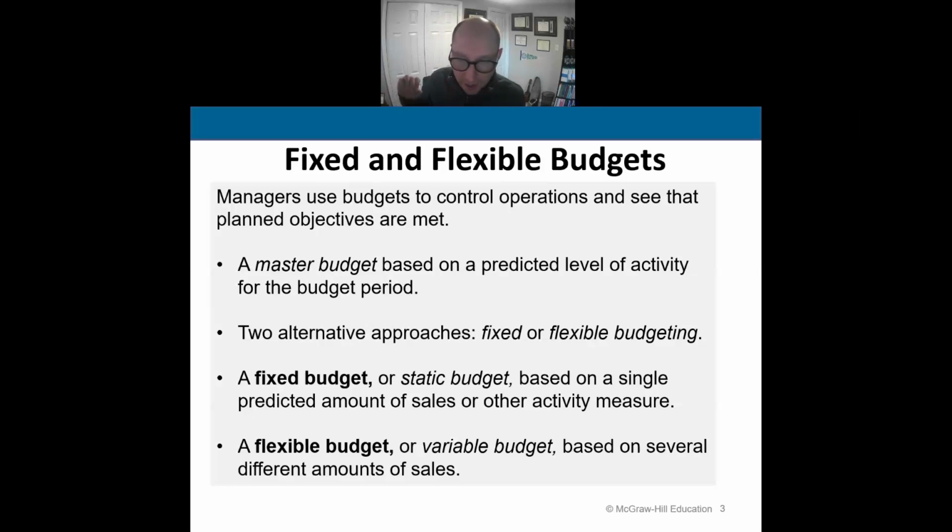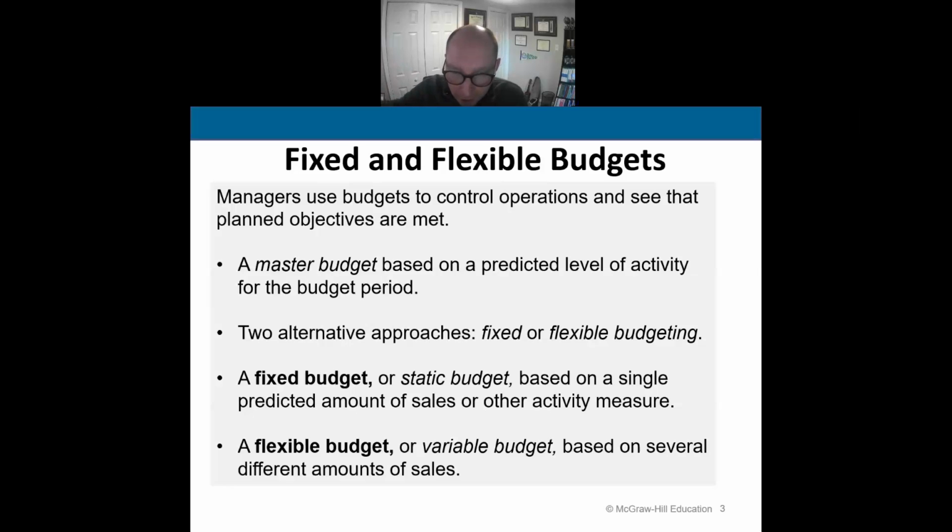The thing that I don't like about fixed or static budgets is that if I expect an increase or a decrease in sales, I can't just go into the budget and change the dial. I can't make those adjustments. That's why I don't like static budgets. That approach is very rigid.